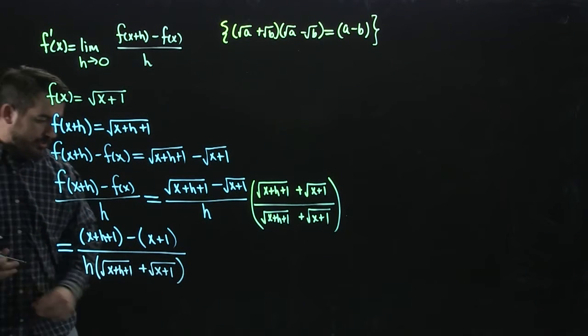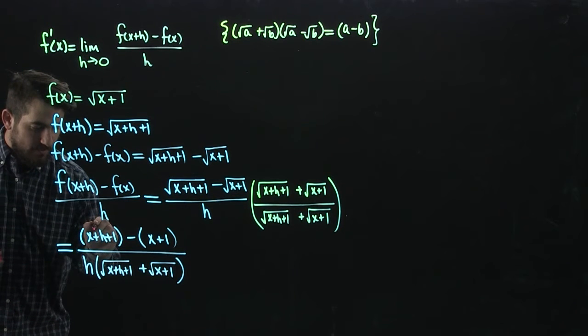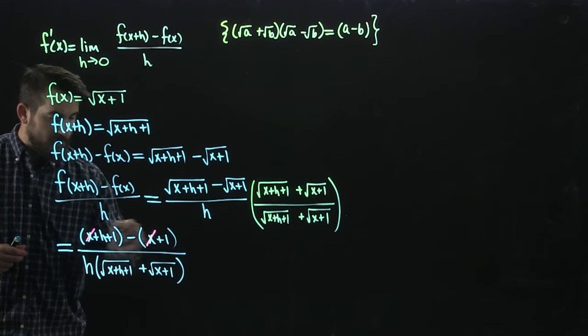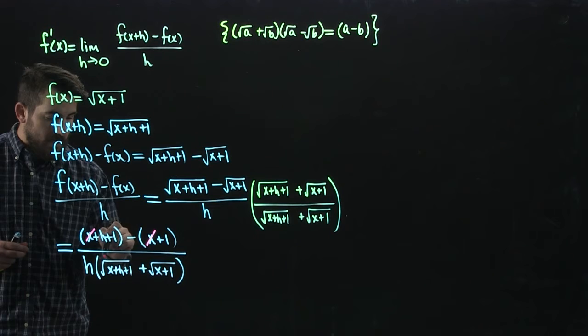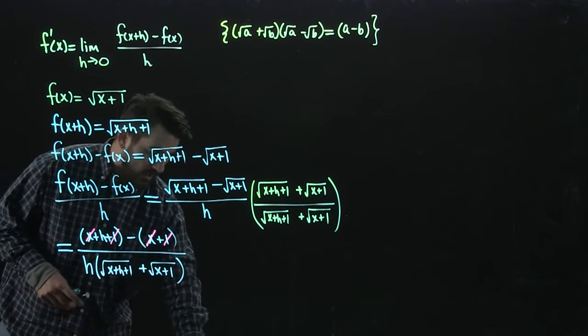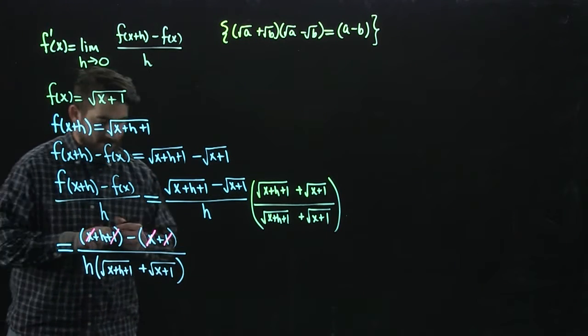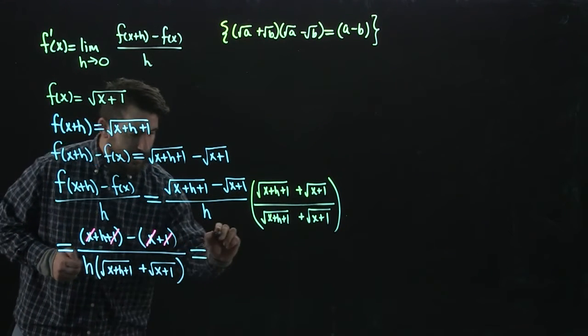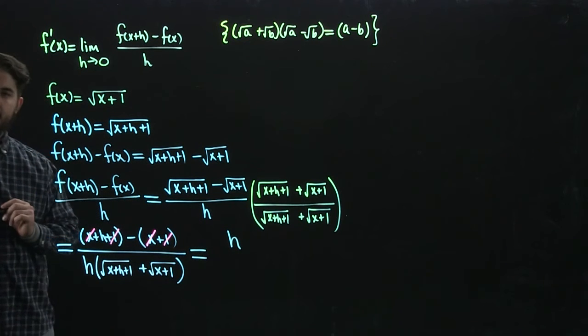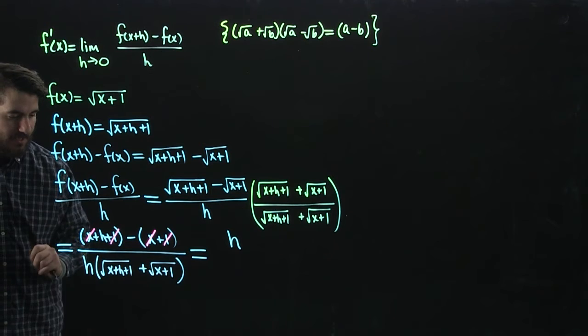Okay? And then what you should notice here is we have x minus x, so that goes away. And we have 1 minus 1, so that's going to go away. And as a result, I am left with only an h on top, and it's positive.